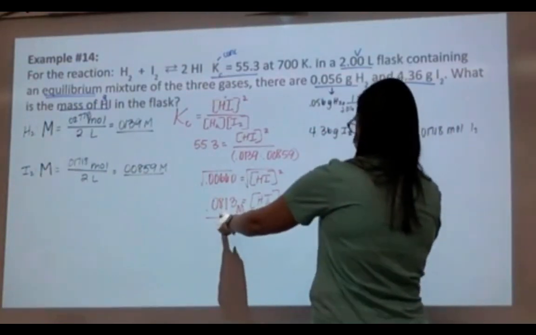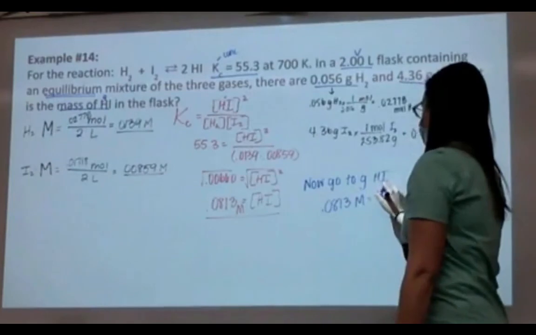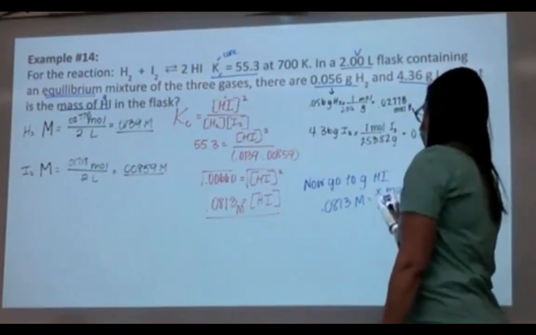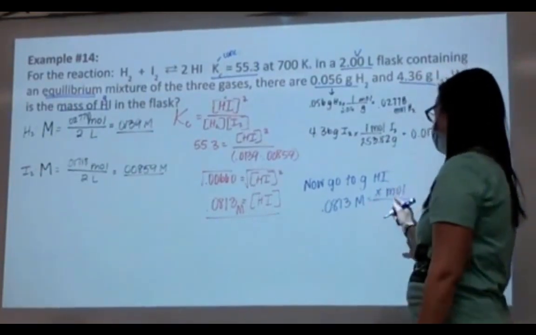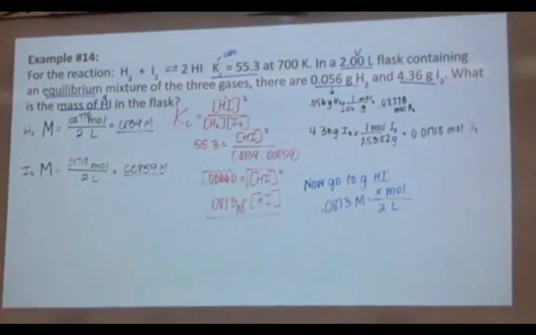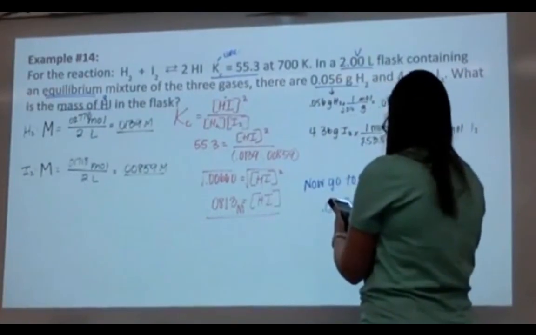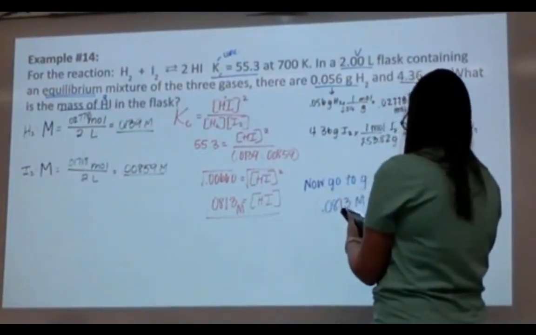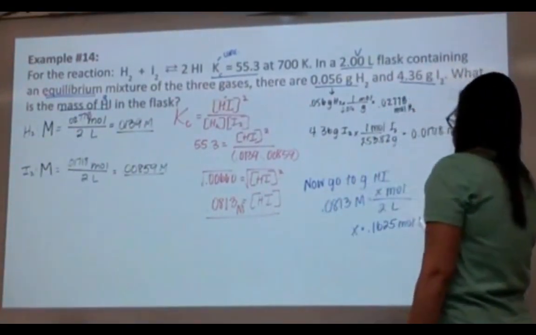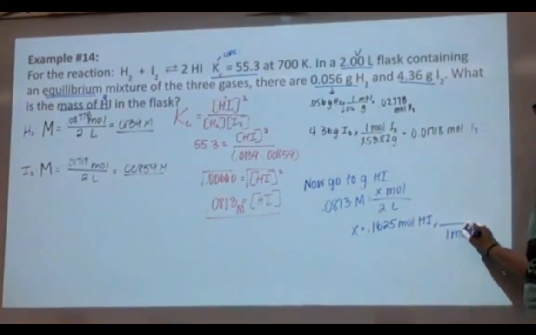I'm going to start with my molarity, 0.0813 moles over 1 liter, times 2 liters, which gives 0.1626 moles of HI. And we go to grams.